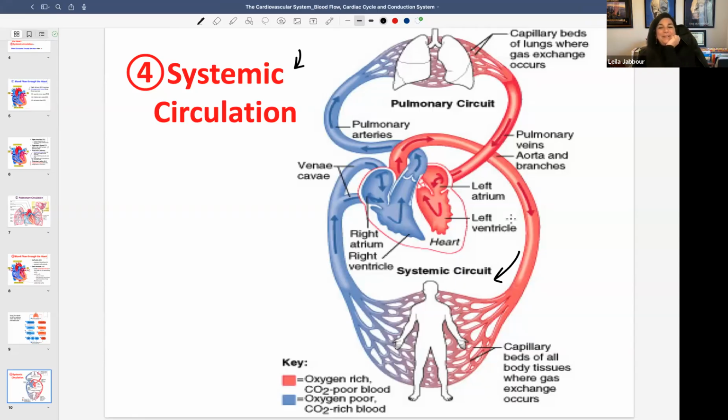We'll talk about blood velocity a little bit later. It's going to slow down, and it basically gives time for this oxygen to be delivered to the cells and for the blood flow to pick up all the carbon dioxide and metabolic wastes, and then back into the venous circulation and up back to the heart.